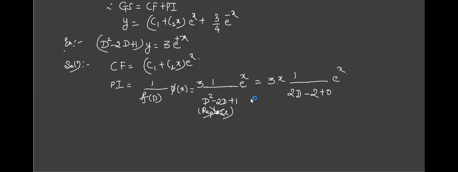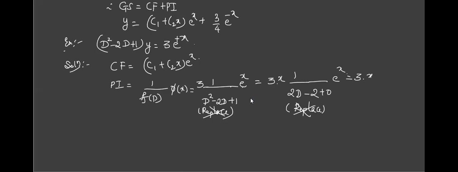Hope you understood the differentiation. It is very simple. Now again you have to think of replacement. Check what happens if you replace D by 1 again. 0 again. So what to do? Don't replace.